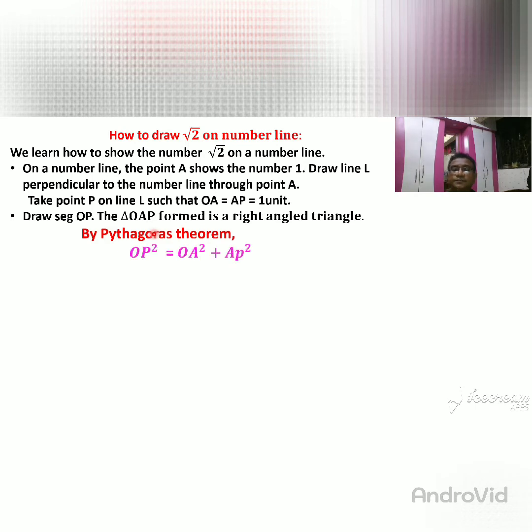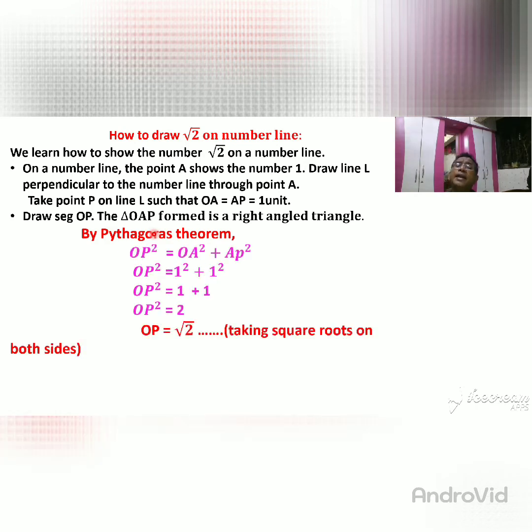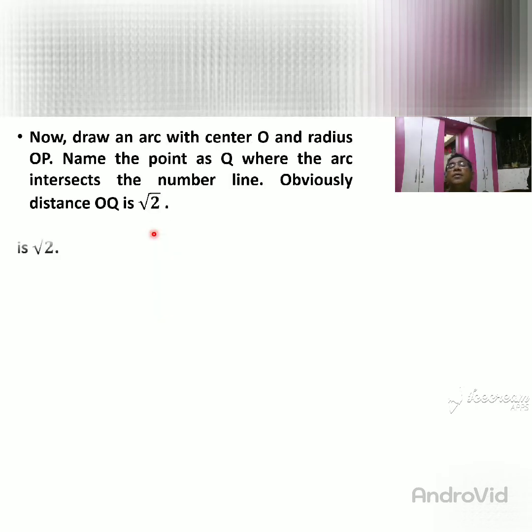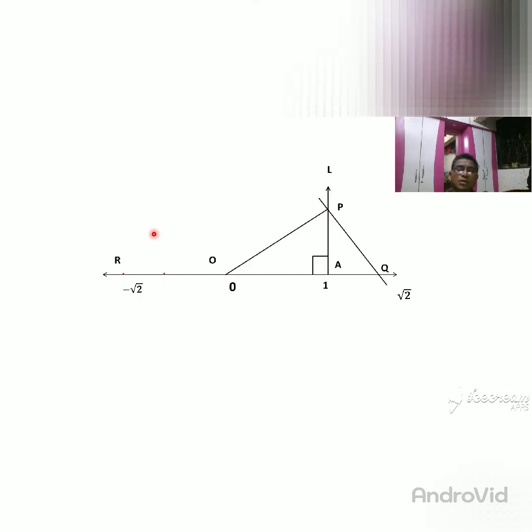The triangle, I already showed you that triangle. If you want to see the triangle again, because some of the students have short memory, see, this is O, this is A, this is P. So this is the OAP triangle, and that OAP triangle has 90 degrees. See, here is the 90 degree, so it is a right angle triangle.